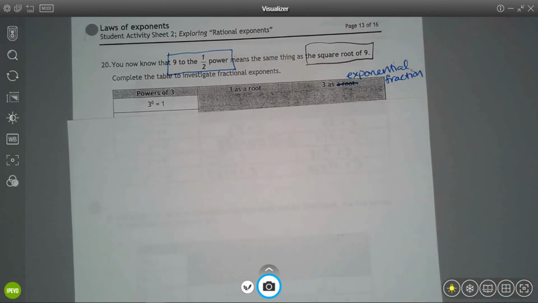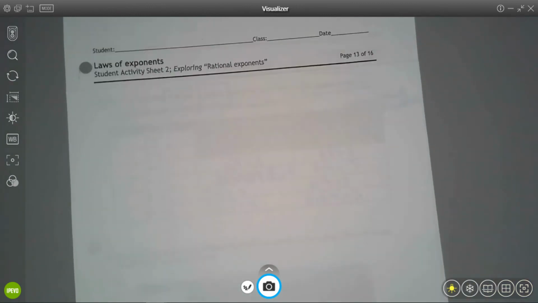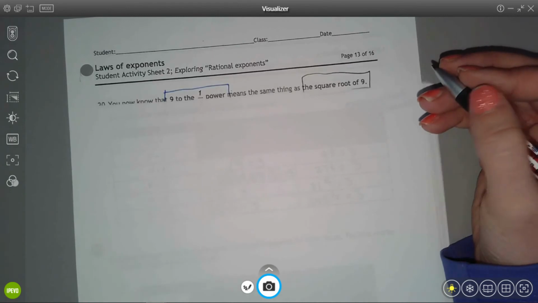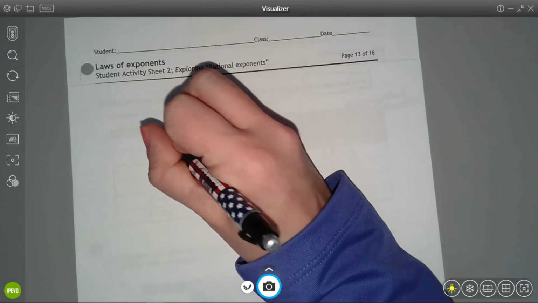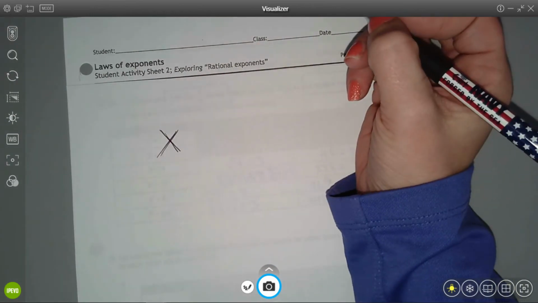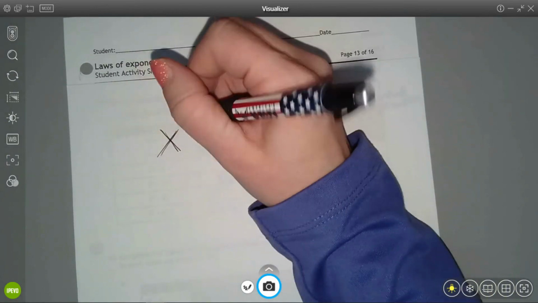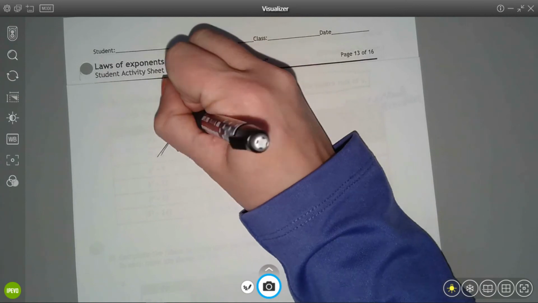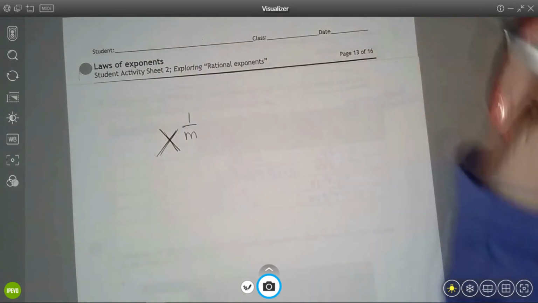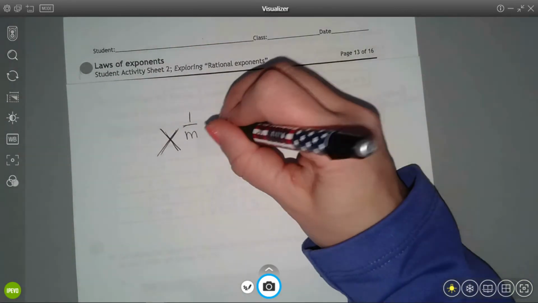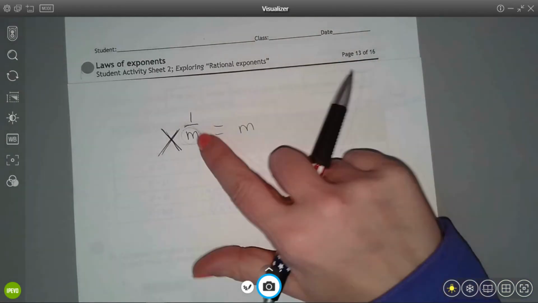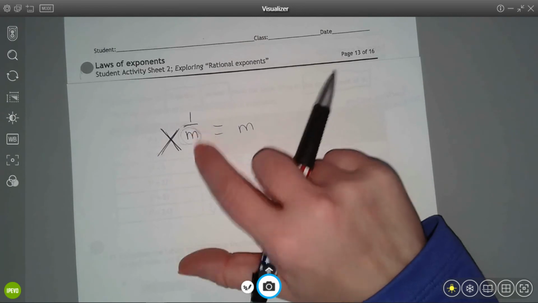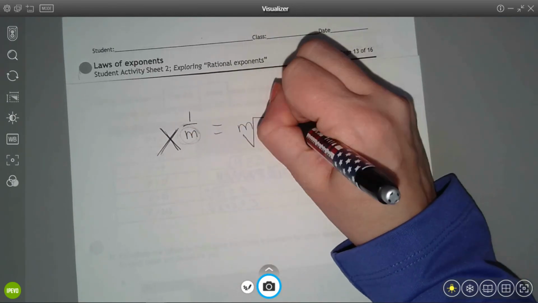Something to get down, guys. What I want you to understand, okay? Any number to any type of root, that exponent, that power, if that power is a fraction, that denominator becomes your root.